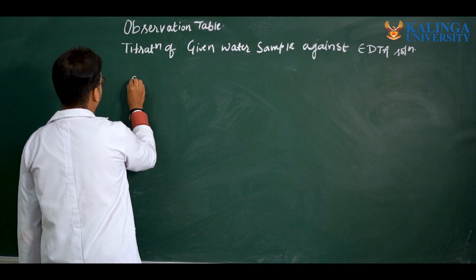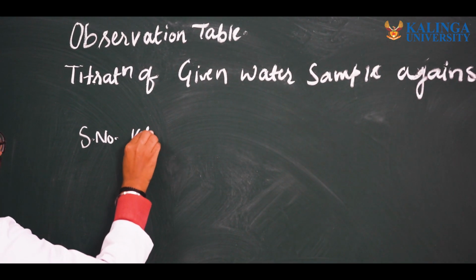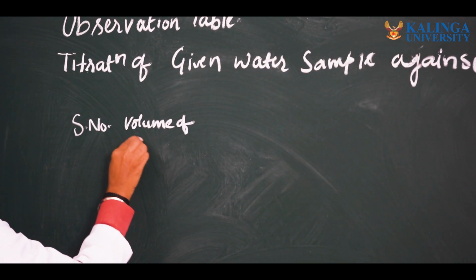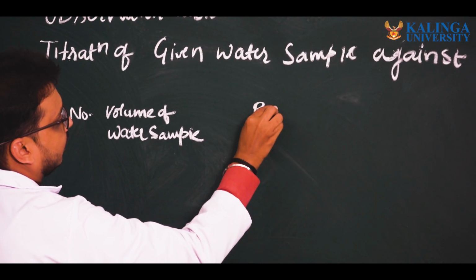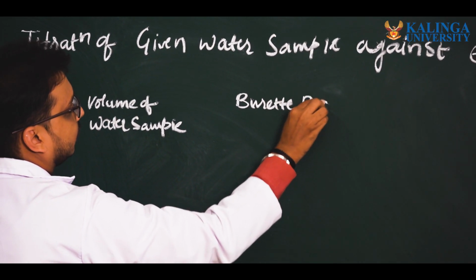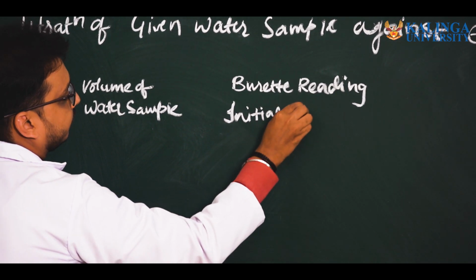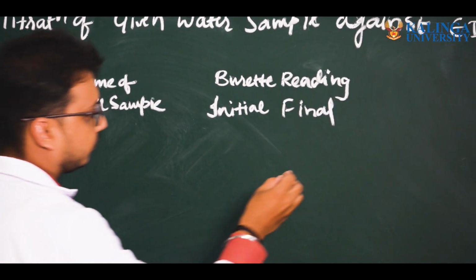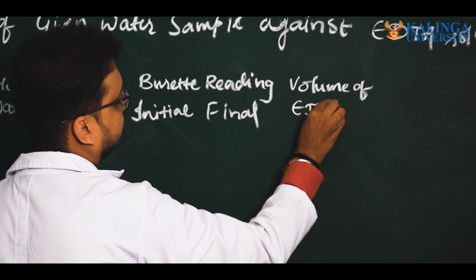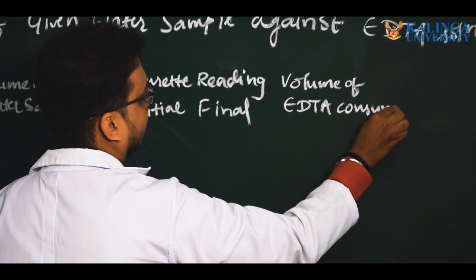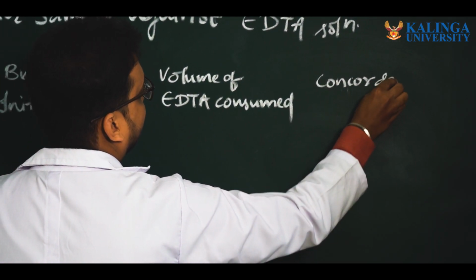The observation table will be like this: serial number, volume of water sample, burette reading, initial, final, volume of EDTA consumed, concordant reading.